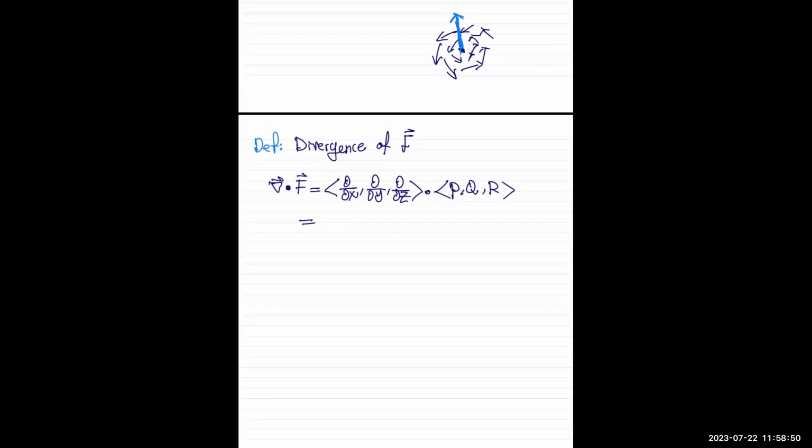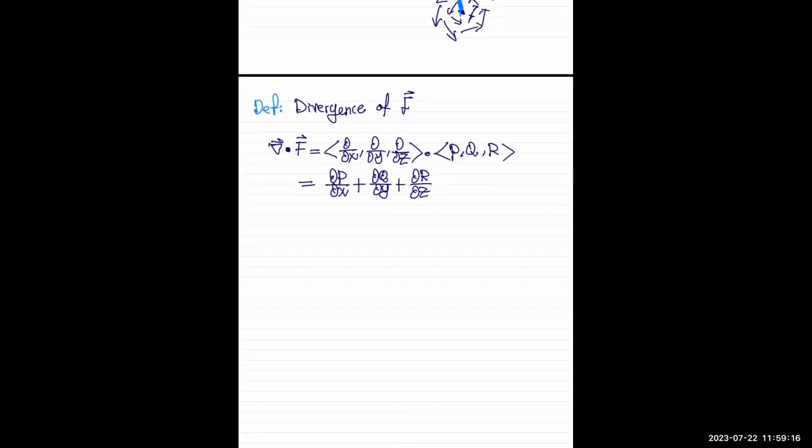Okay, so what does this do? You do the partial derivative of P with respect to x, and then we add the partial derivative with respect to y of Q, added to the partial derivative of R with respect to z.